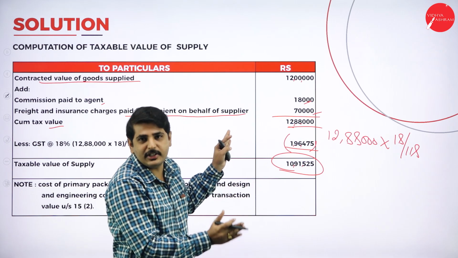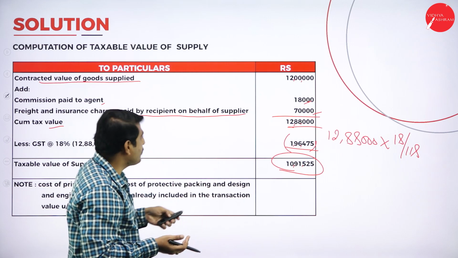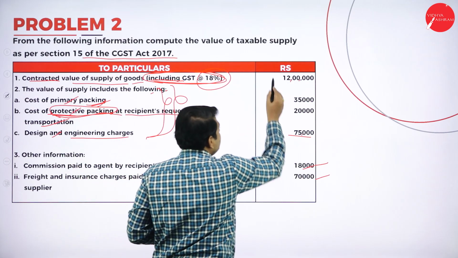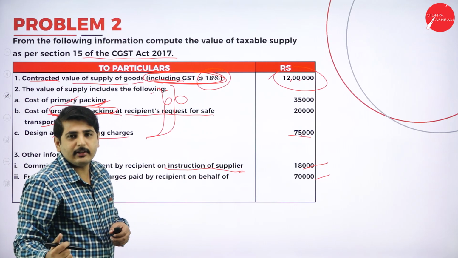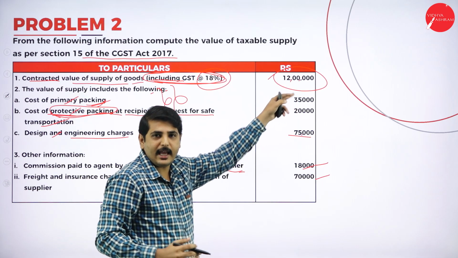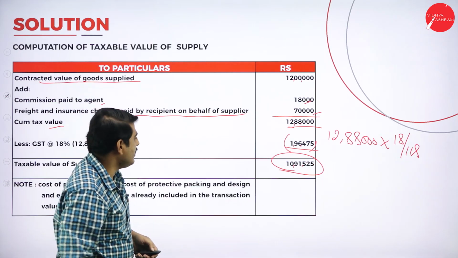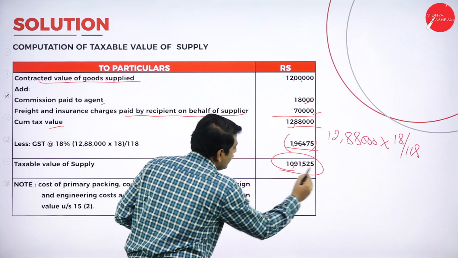Again we have to add back the GST because we don't know the actual price of the product. See, this product is already GST inclusive. So we have to remove the GST from the total value of the supply, and again add back the GST at the rate of GST. Now we got the actual amount.